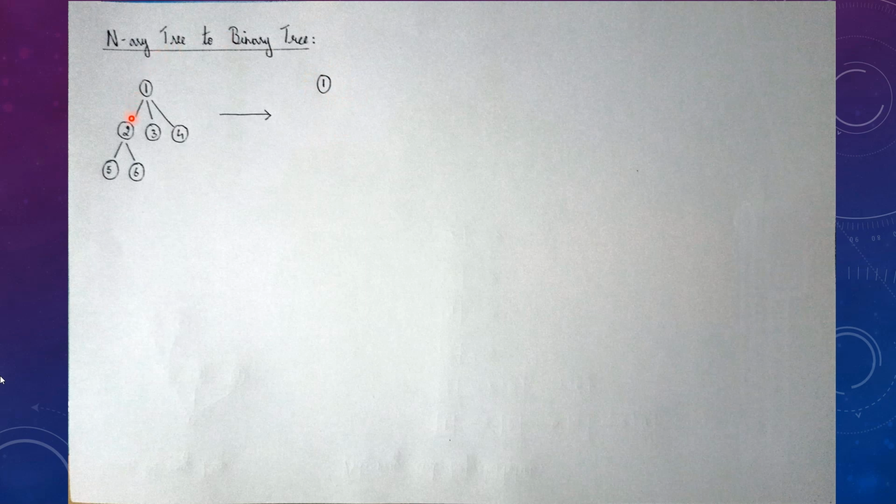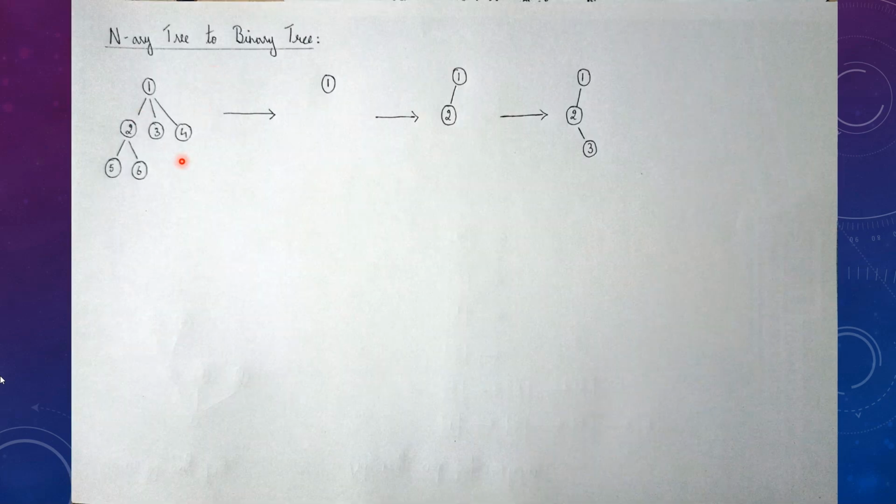Using the conversion rules, the left child in the binary tree corresponds to the first child of the node in the N-ary tree, and the right child in the binary tree corresponds to the next sibling of a node in the N-ary tree. So node 2 becomes the left child of node 1 and node 3 becomes the right sibling of node 2. The remaining child node of 1 becomes the right sibling of 3.